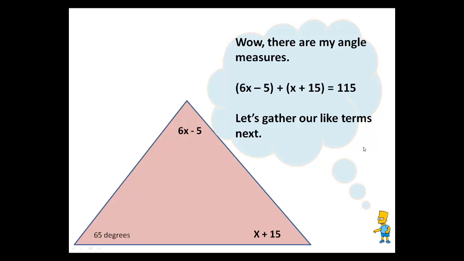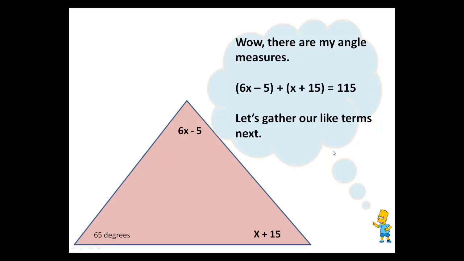Here are the two angle measures that we're going to solve for: 6x minus 5 and x plus 15. And he writes out the equation. We're going to use 6x minus 5 plus x plus 15 equals 115 degrees.